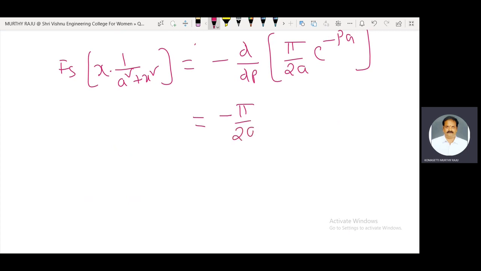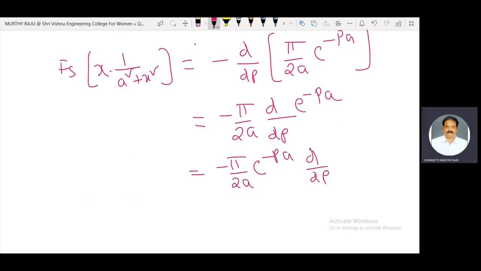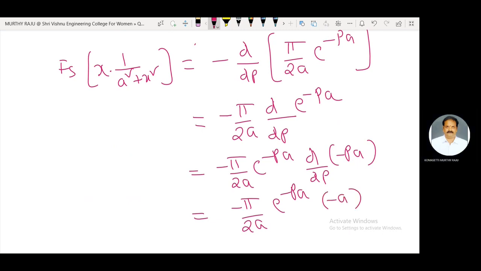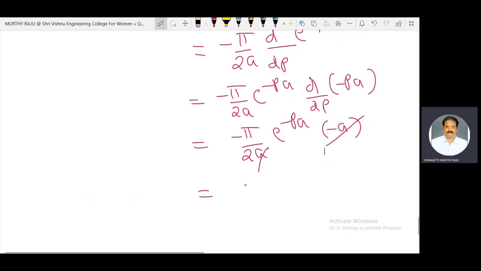Minus pi by 2a times the differentiation of e power minus pa, minus pi by 2a e power minus pa, d by dp of minus pa, that is equal to minus pi by 2a e power minus pa into minus a. Finally, this a and a cancel. That is pi by 2 into e power minus pa.